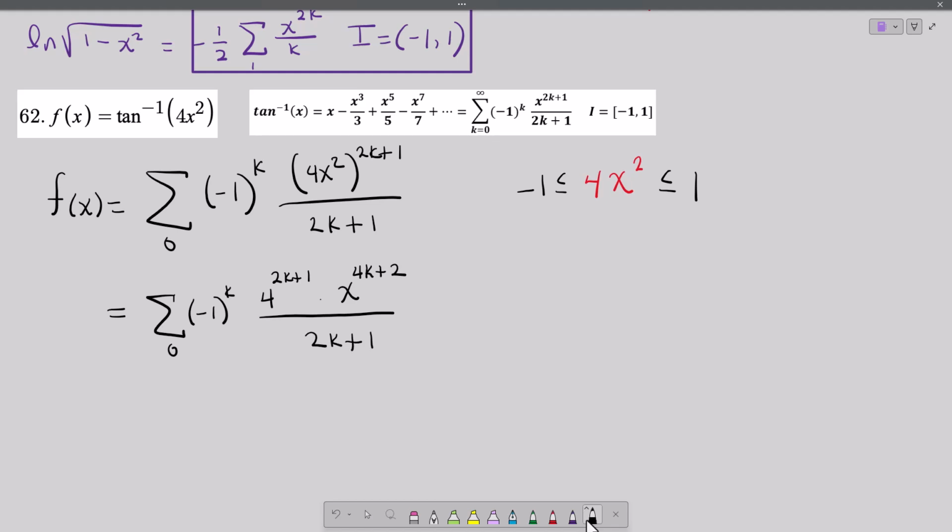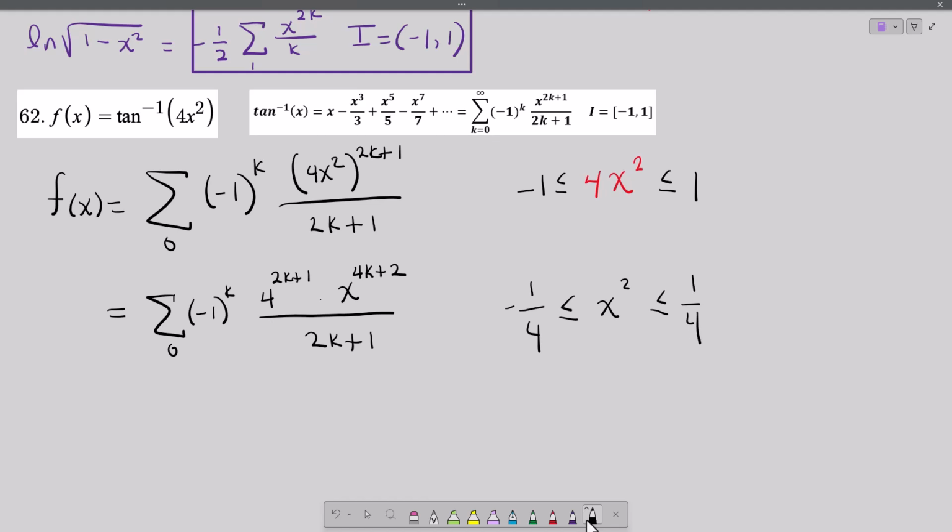So there's the power series part. Usually we break it apart, get that coefficient away from the x so that we have the powers of x here. But now we have to come over here and adjust our IOC. So if we divide everything by 4, we have that.